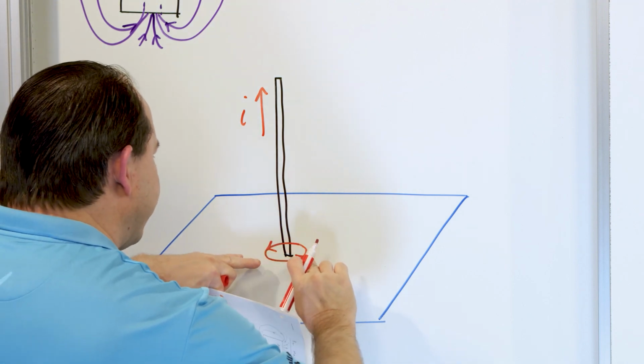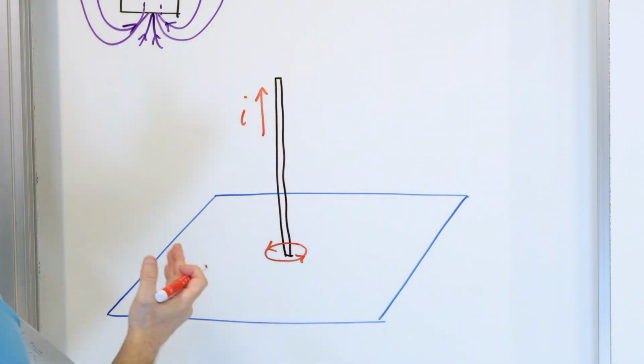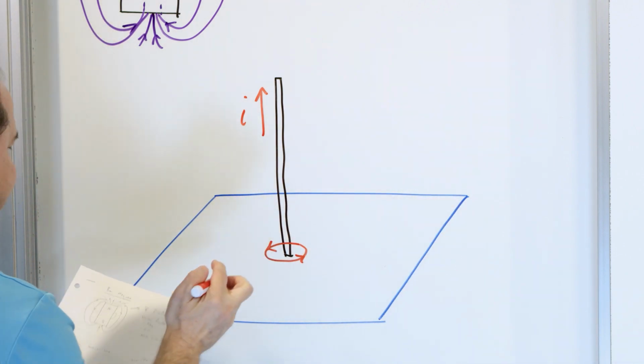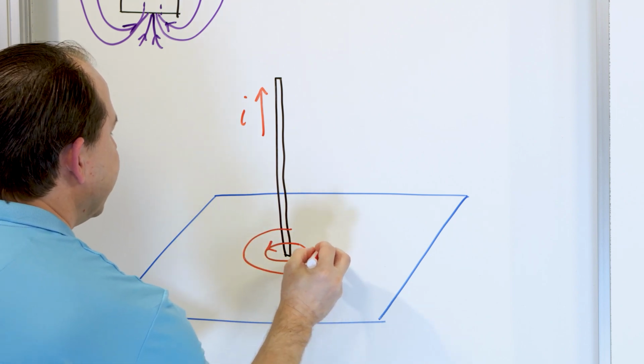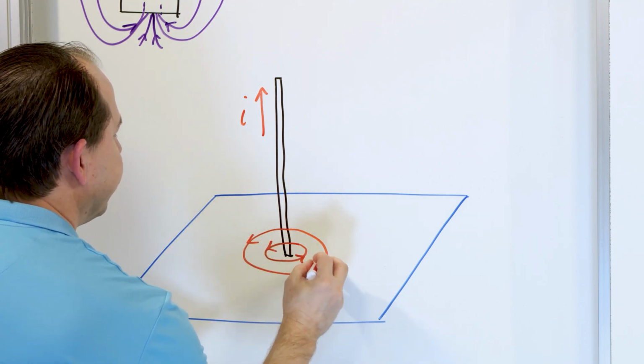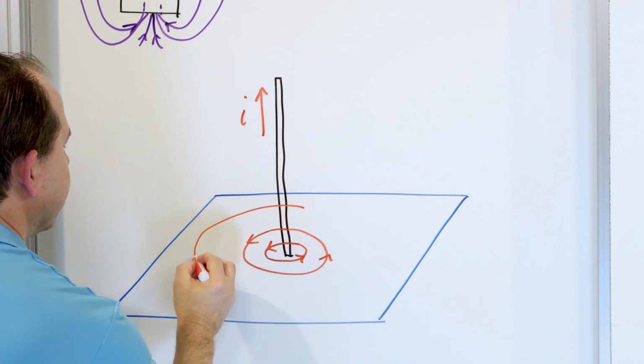Now, as I get farther away from the wire, the magnetic field gets weaker. It's still in the same orientation, it just gets weaker, and we represent that by a wider spacing between the circles. So as I get farther, I'll draw one more, maybe out here.